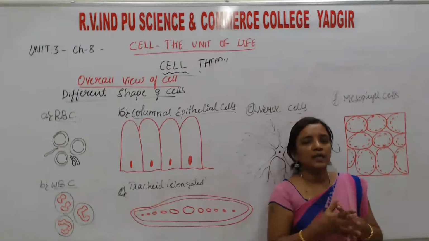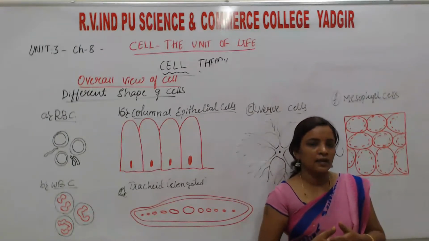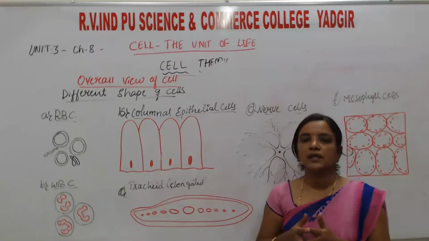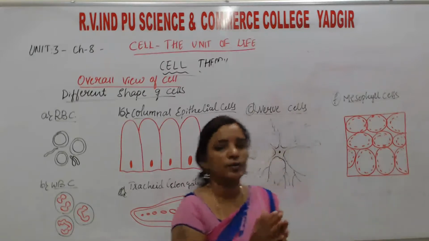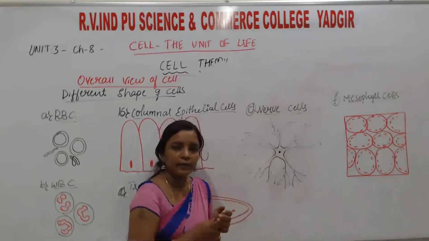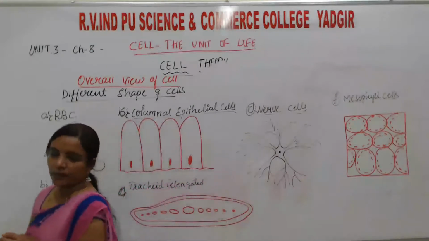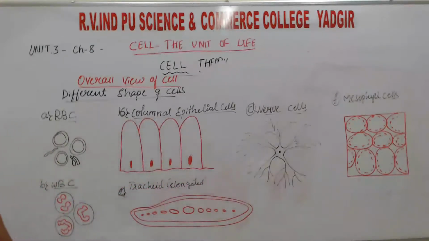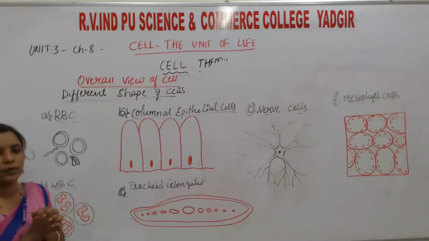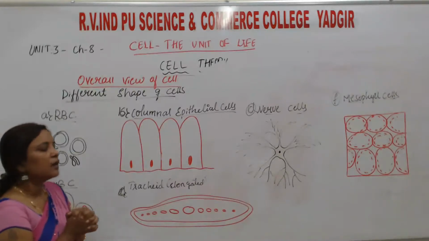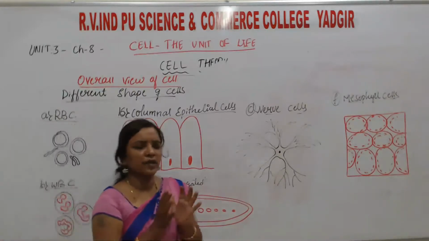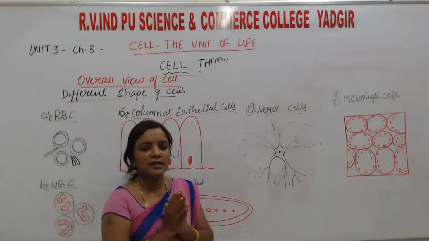So if we take prokaryotic cells, these include groups like bacteria, and also PPLO, mycoplasma, blue-green algae. So we can take different types here as prokaryotes. Prokaryotes are very simple.